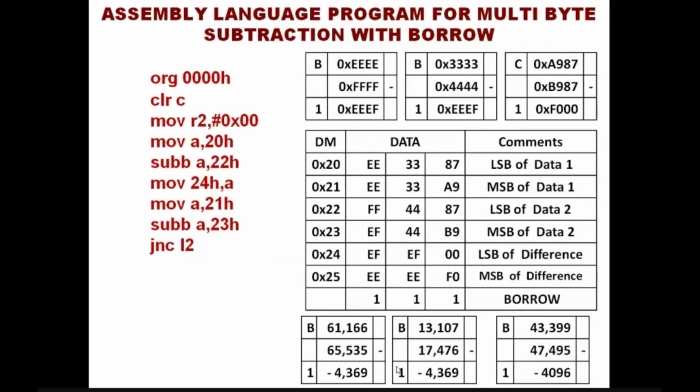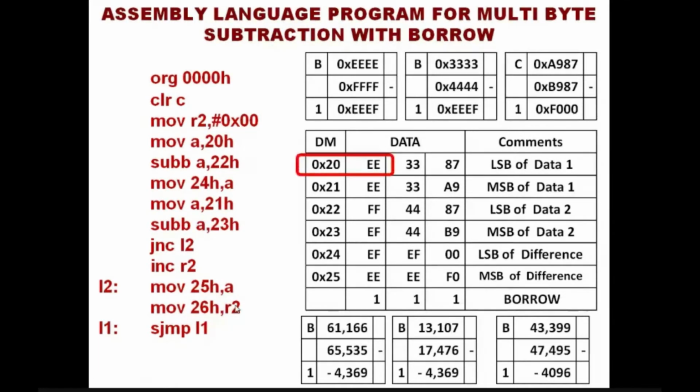So jump no carry means loop 2. If there is a carry, we are incrementing R2, and then moving the difference to the higher order byte to the 25th memory location, and the borrow flag to the 26th memory location, and then we are halting the program.